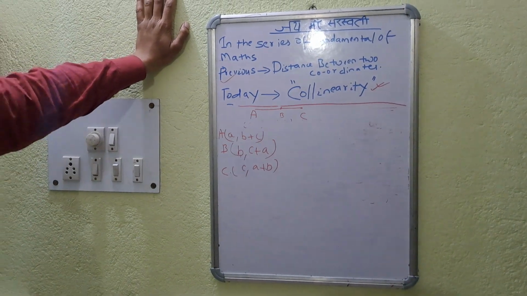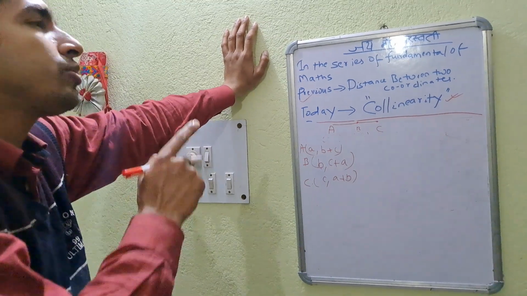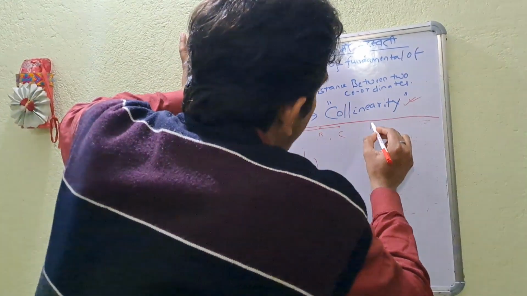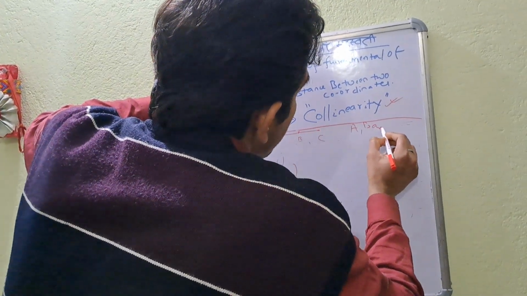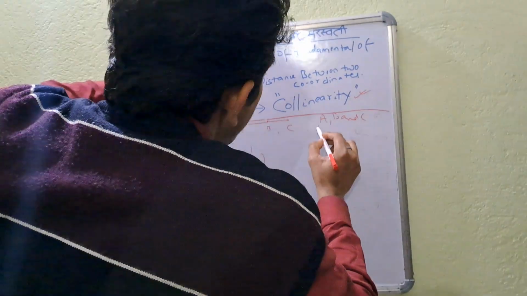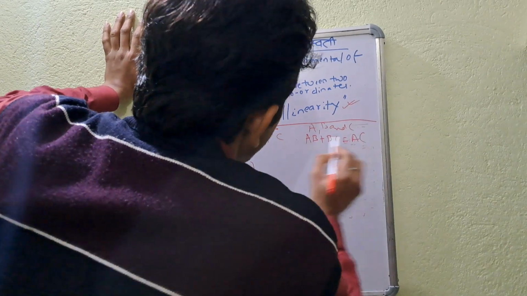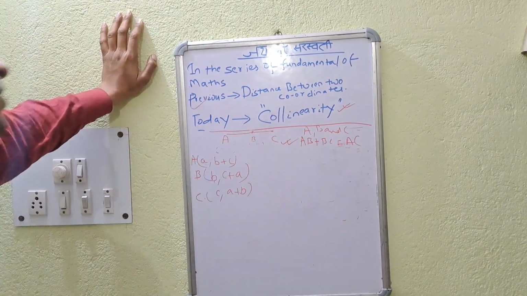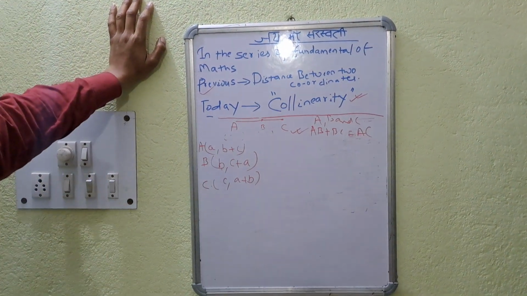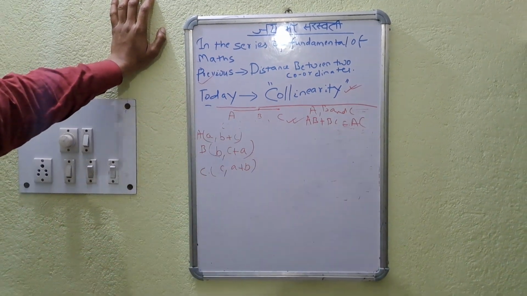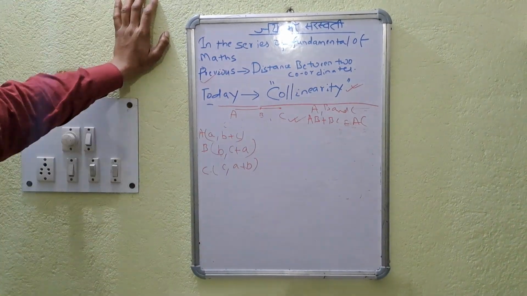Now we will be using the distance formula so as to establish the relationship between A, B and C. So in that case, AB plus BC should be equal to AC. If this relationship is established, then we can say that these 3 points will be collinear. So we will be calculating the distance.